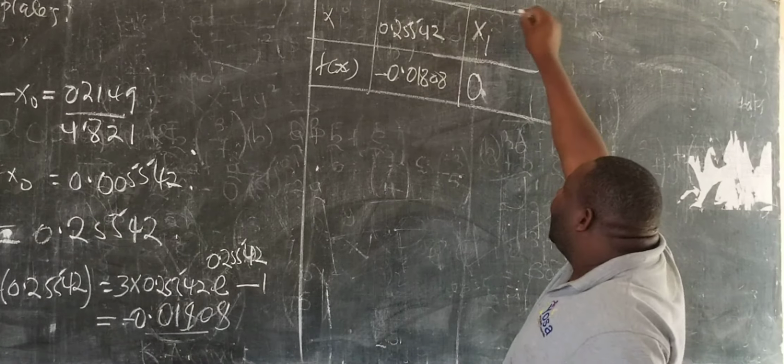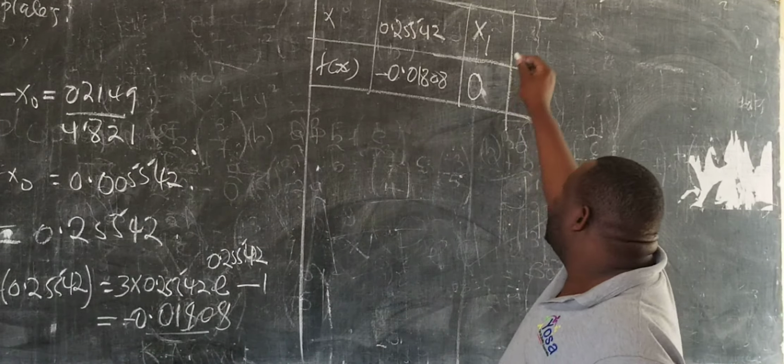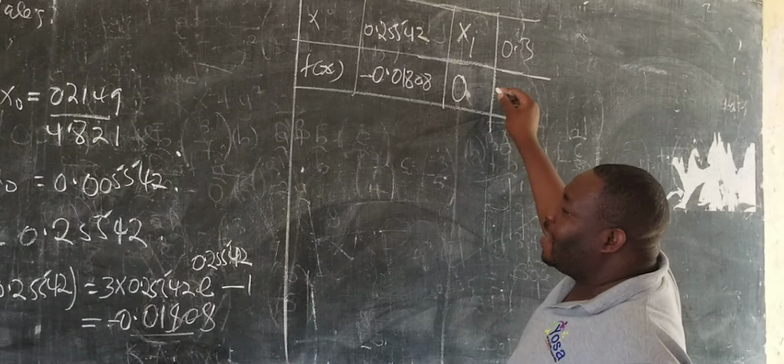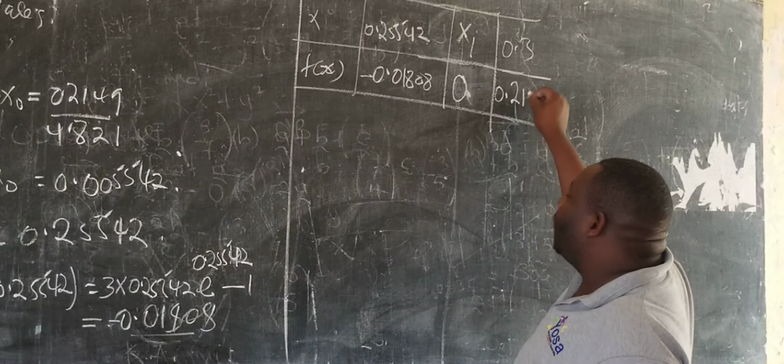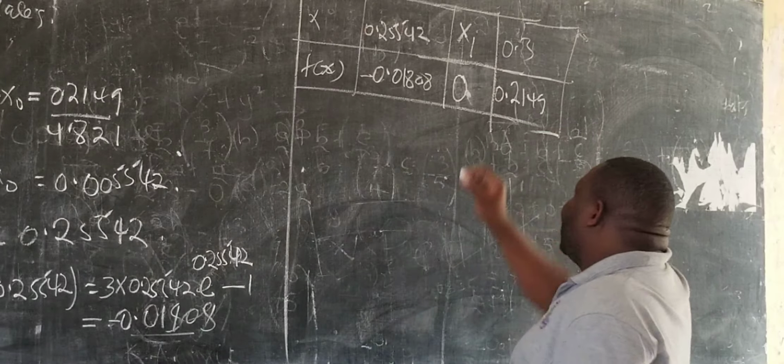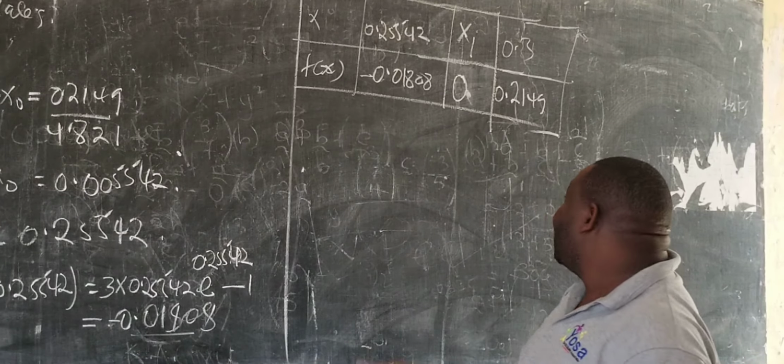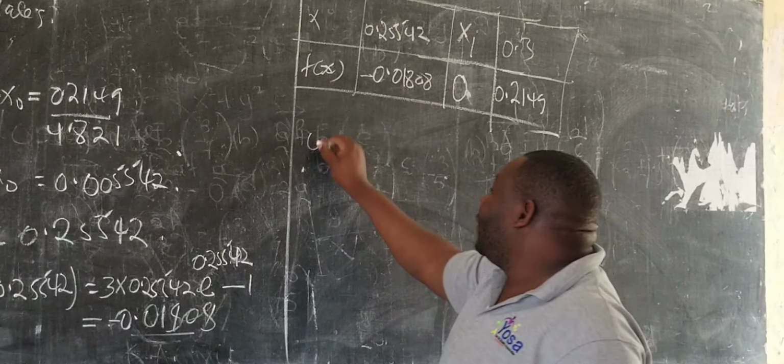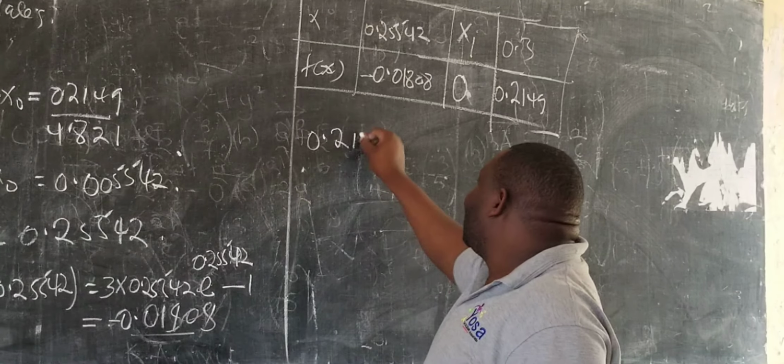You must get 0. Then the other point remains: 0.3, which corresponds to 0.2149. Then we do the same thing using the method of the gradient, change in y over change in x.